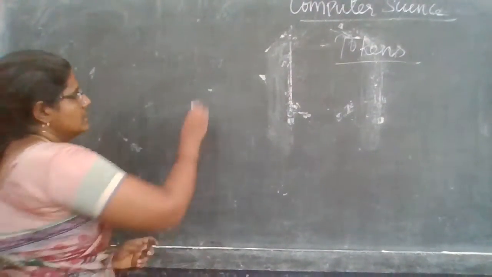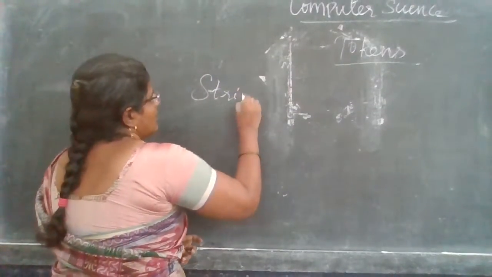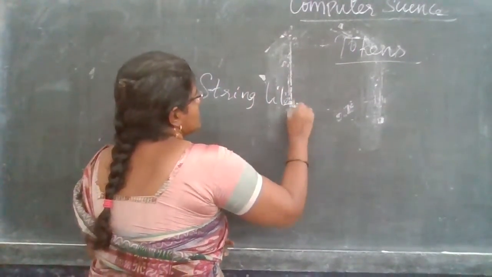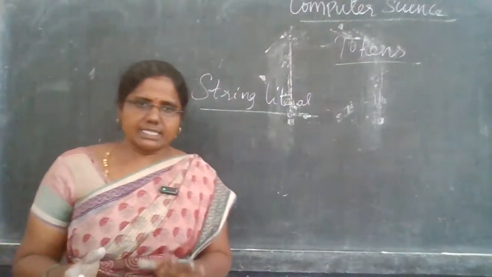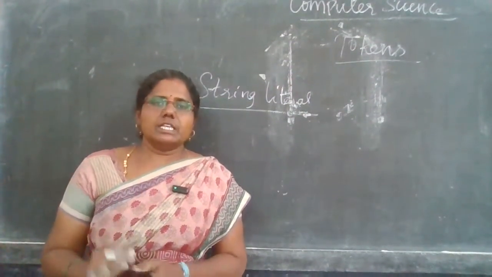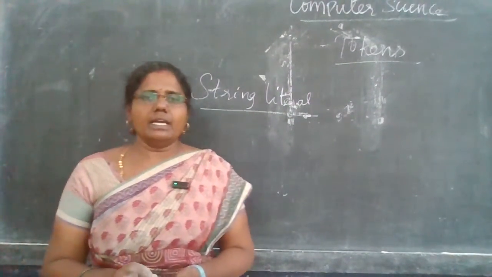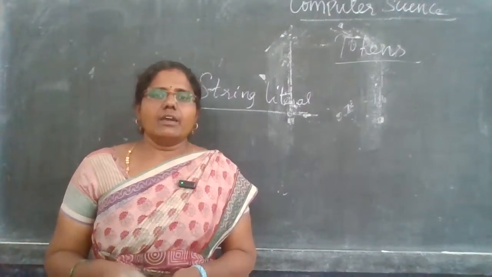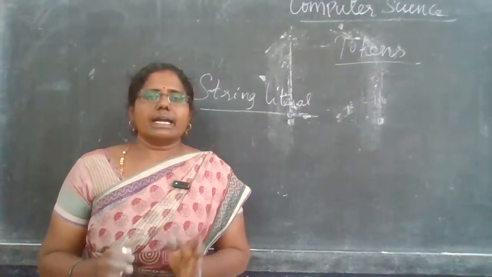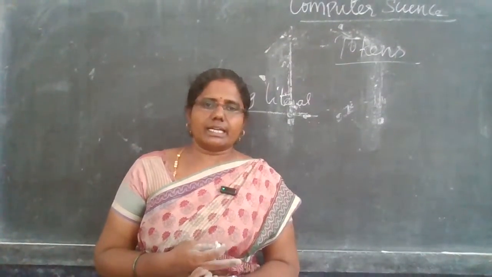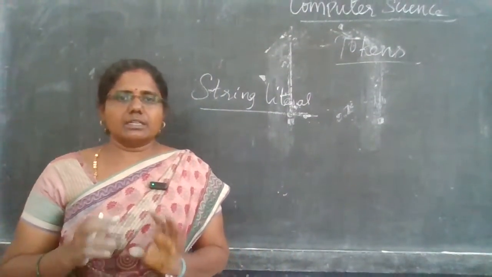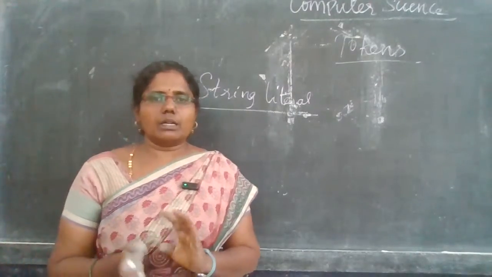Okay. Next one, string literal. Already you know what a string is. A string is nothing but a sequence of characters. It may be a word or a sentence. In C++, strings are represented by double quotes only, but here we can use single or double quotes. Character and string are both considered the same. So we can represent a string or character enclosed in single, double or triple quotes.